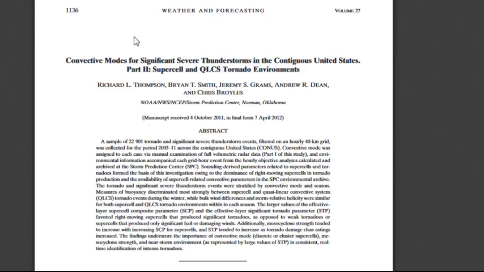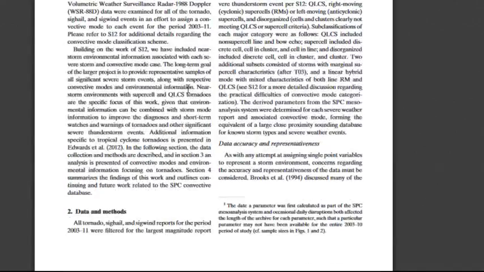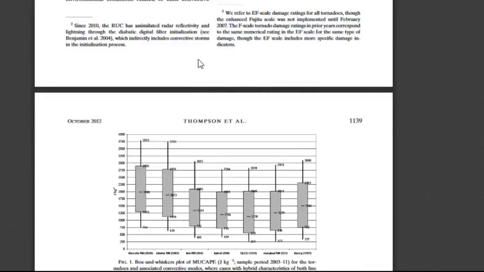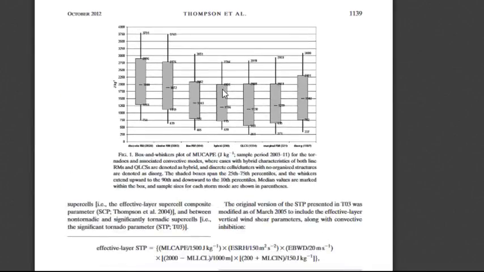So anyway, they looked at 22,900 events, and you can find this paper in Weather and Forecasting, October of 2012. Now, with limited time, I didn't really have a chance to complete this. I got maybe 2/3 of the way through, but I can show you some of the key points.